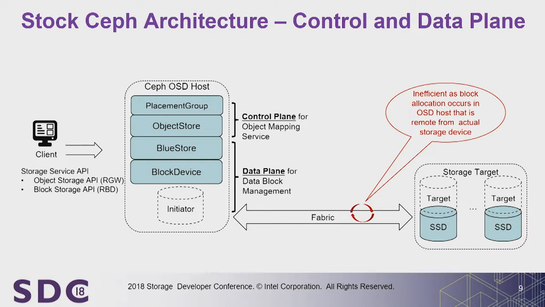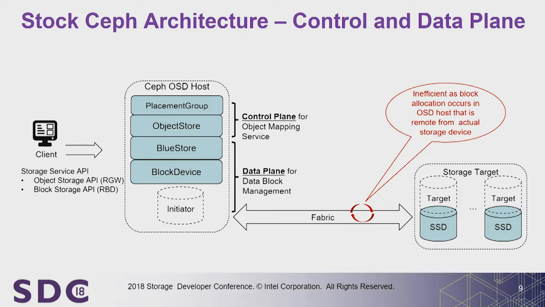Now, if you're talking about disaggregation, below that you'll have to have an initiator, in our case an NVMe-over-Fabrics initiator, sending the data across to the remote storage target. Like we spoke about a couple of slides earlier, this approach is inefficient because you have the relay and the extra data copies.